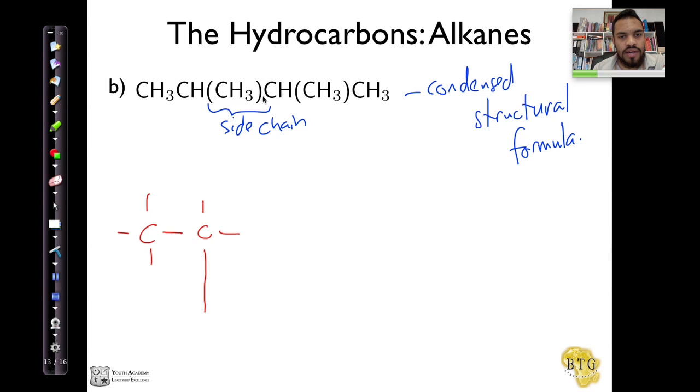The third one has got a hydrogen above and another side chain below. And the next one, okay, good, 1, 2, 3, 4. Right, so let's fill in all our hydrogens over there like so. And now we're drawing out the structural formula.